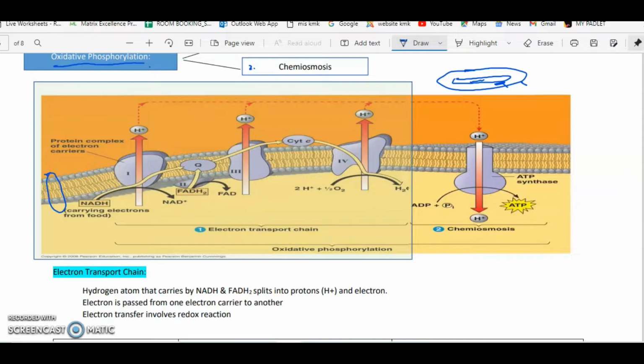From this diagram, the inner membrane of mitochondria is made up of a phospholipid bilayer and protein. Proteins in the plasma membrane are of two types: integral protein and peripheral protein, also called extrinsic protein.